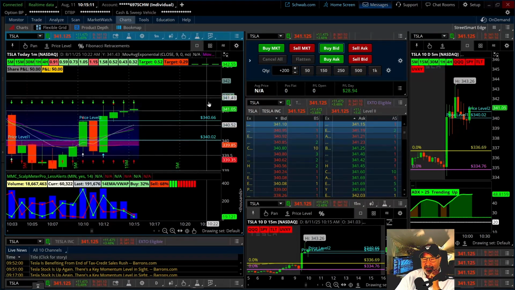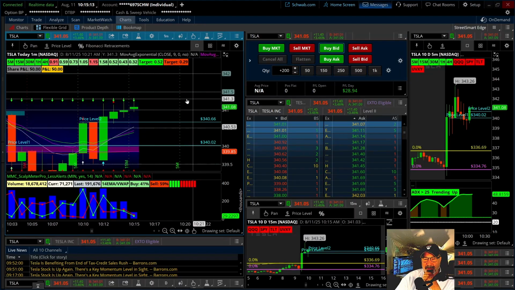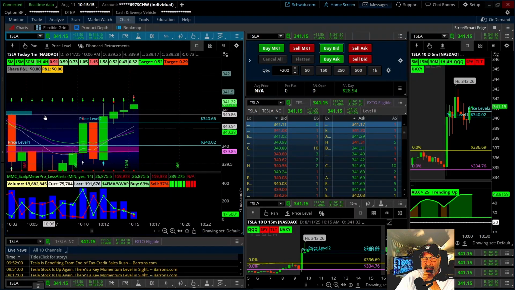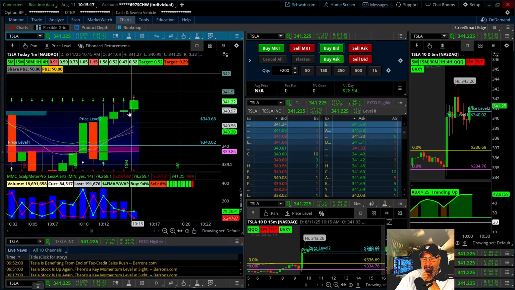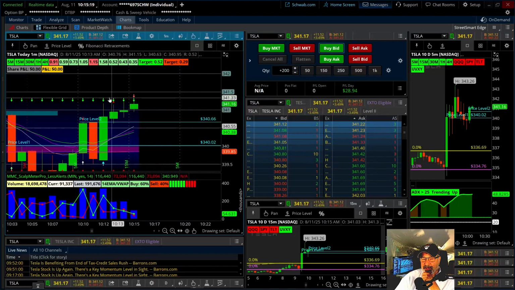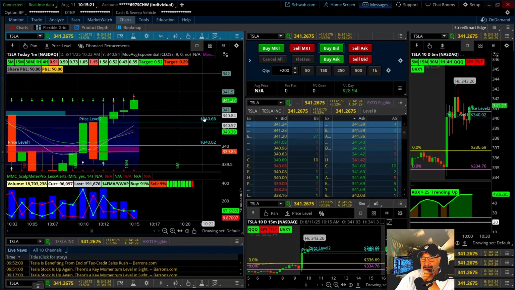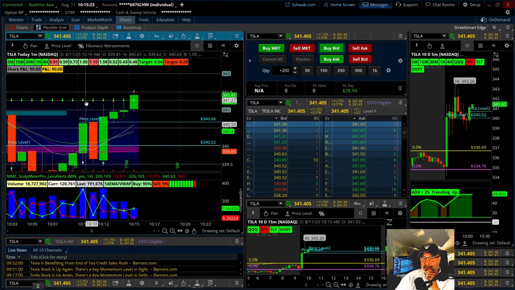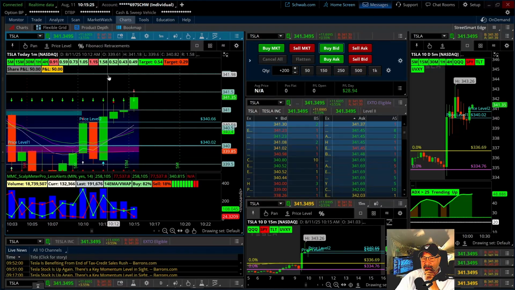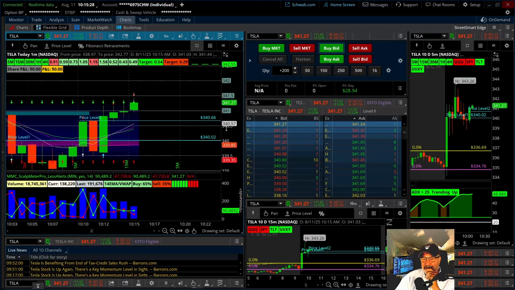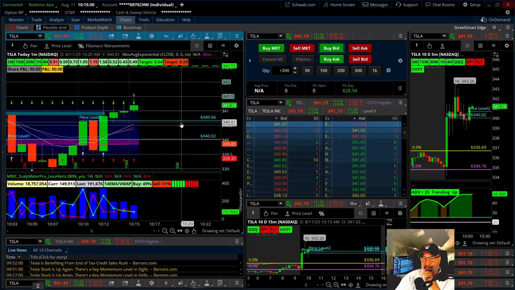Then I finally got out for like even money. But here we go. This is going to pull the magnet up. There's a lot of people here that have just traded right here. So watch this pop, and it's going to change this resistance to way up here. So this could blow up here to 342 in a second.